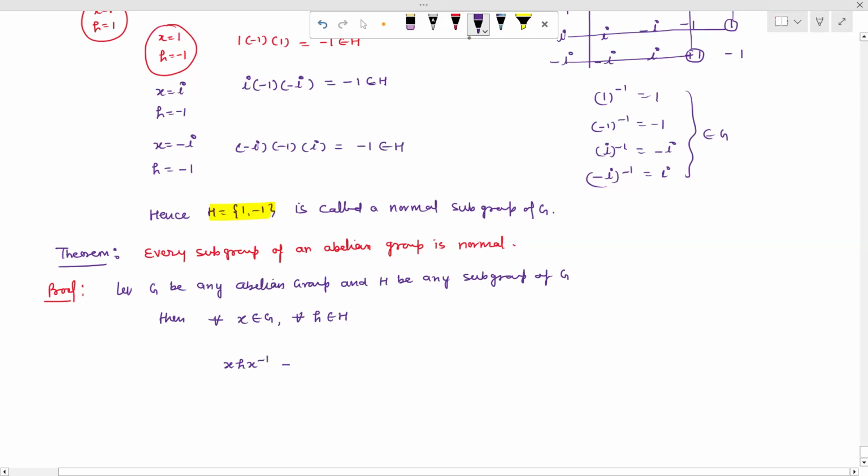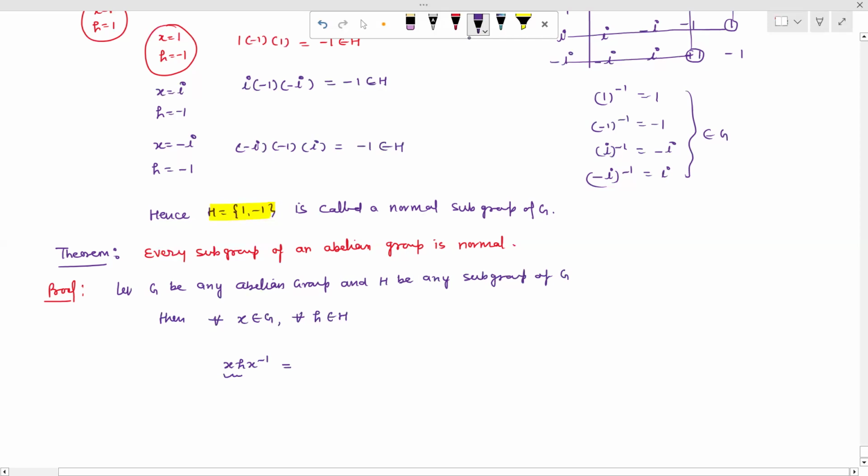Because G is abelian, and h belongs to H, so h also belongs to G because H is a subgroup of G.